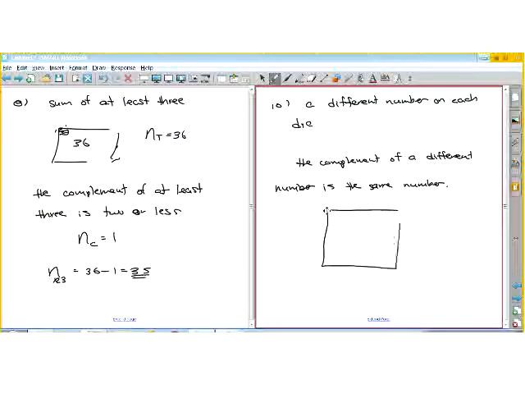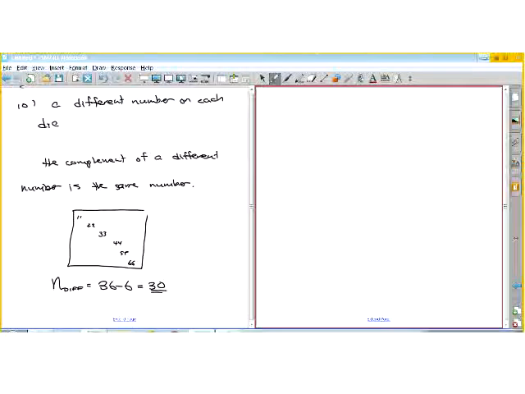Again, if you remember that table that we set up, we had the diagonal where they had the same number. So there were 6 of those: two 1s, two 2s, two 3s, etc. So the number of possible arrangements where you have a different number is going to be the total number of possibilities minus 6, the complement of what we're looking for. So the answer is 30.